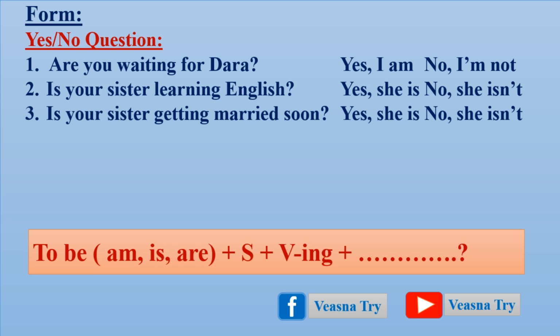Is is verb to be, your sister is subject, learning is verb plus ing, English, and then question mark. Number 3, is your sister getting married soon? Yeah, is is still to be, your sister is subject, getting is verb ing, and soon, and then question mark.